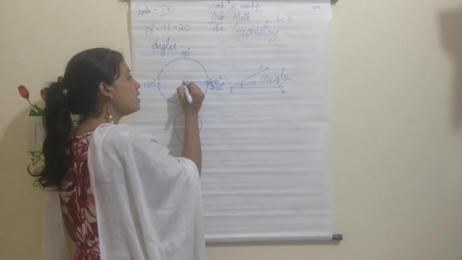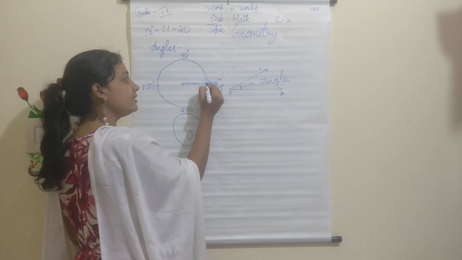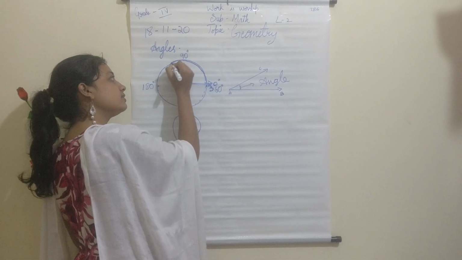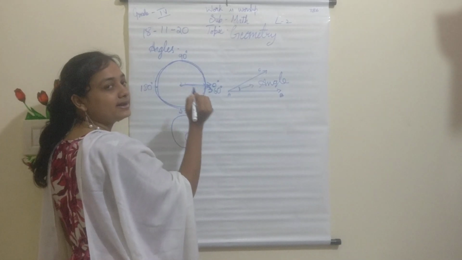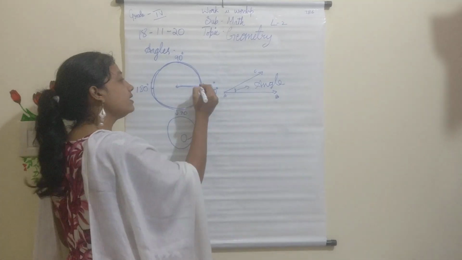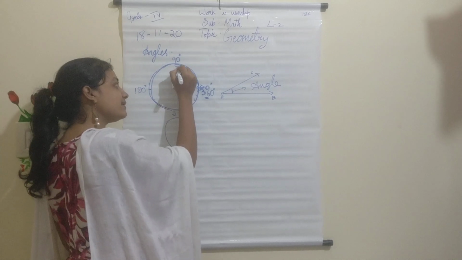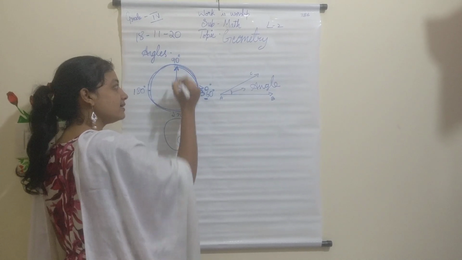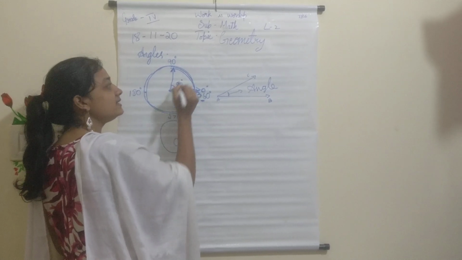The second ray will start from here and it moves on and completes one circle. It means it has completed 360 degree. If the second ray comes here, the angle here will be 90 degree.